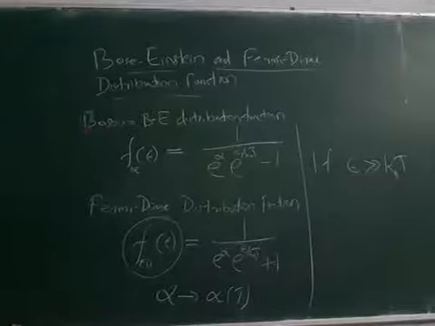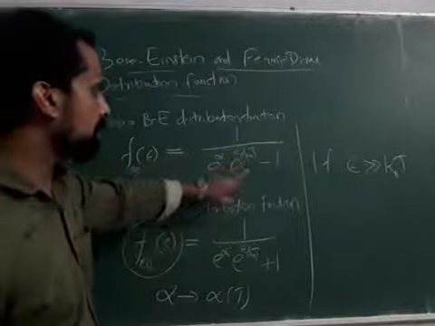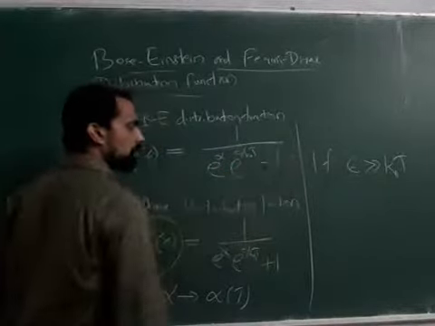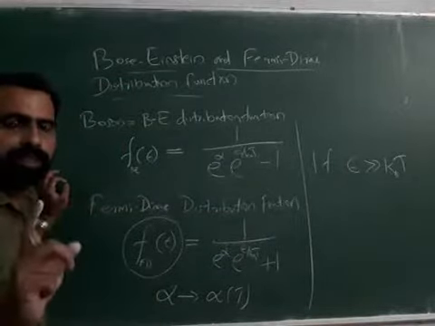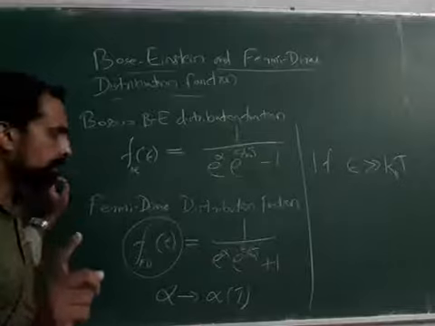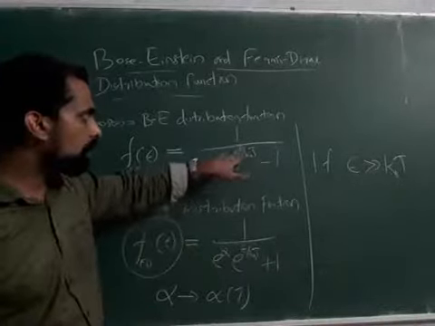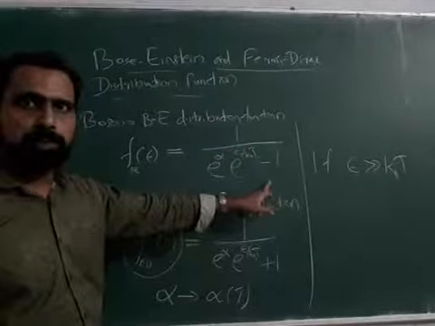Okay, so if epsilon is very much greater than kBT, that means what will happen? This one will be comparatively small, or you can neglect it, isn't it? Here also you can neglect this one, because this quantity is very high compared to this, which is small.